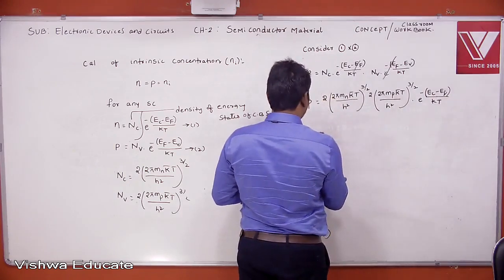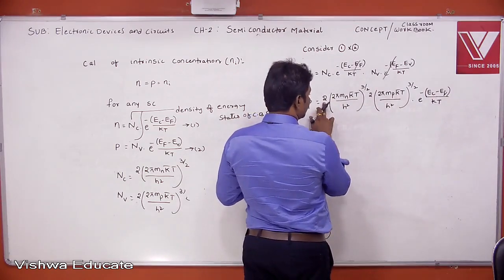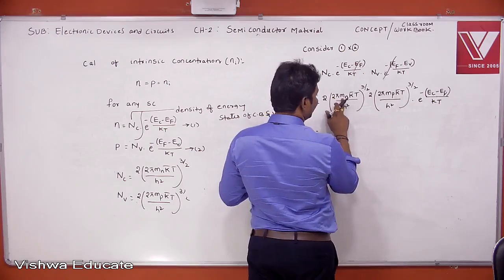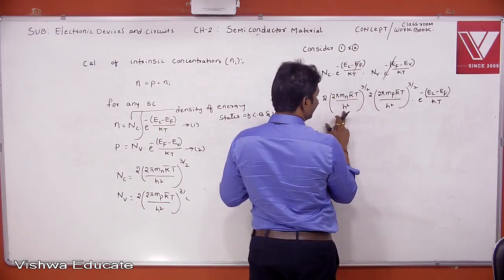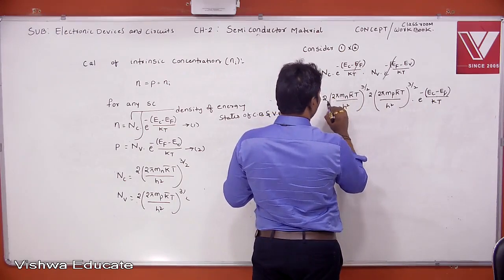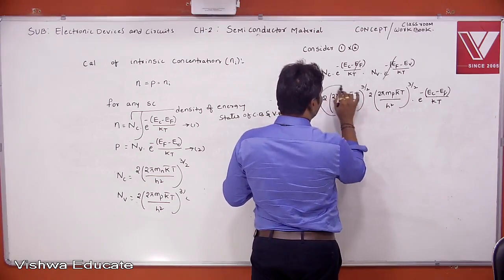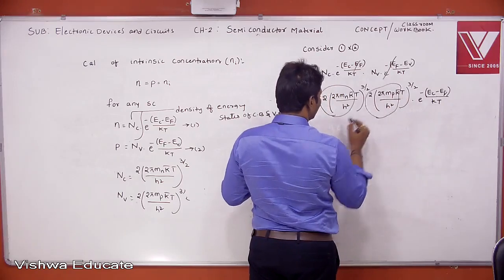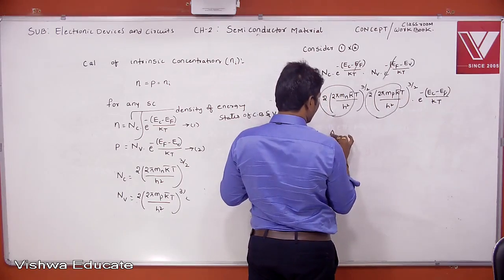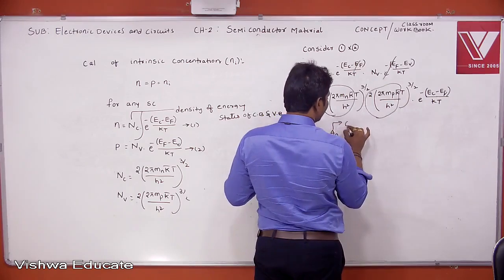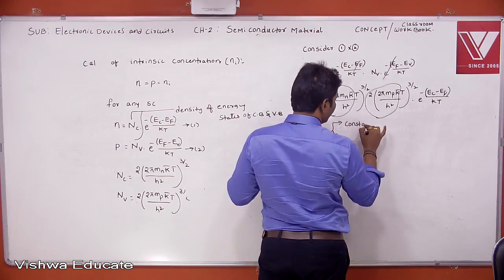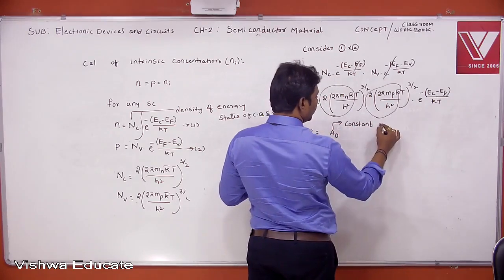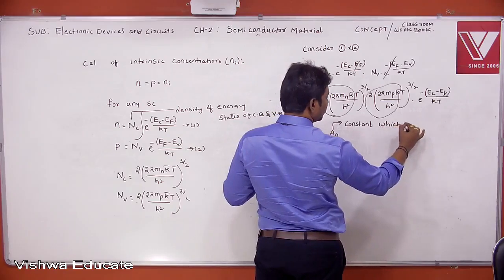Now in this expression, 2 is constant, 2 pi is constant, mn is constant, k is constant, h square is constant, and here also the same. I can replace all the constants with a single constant, A naught, which is independent of temperature.